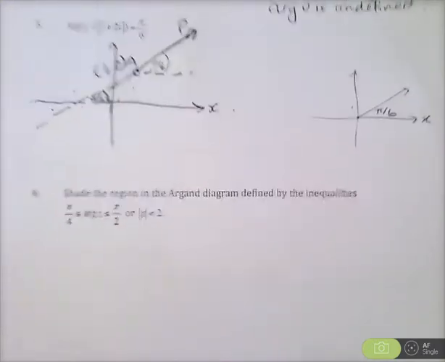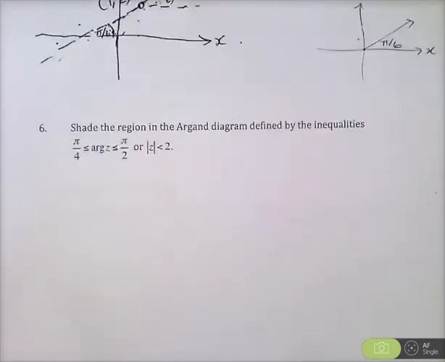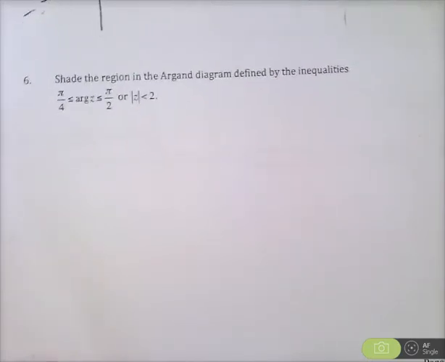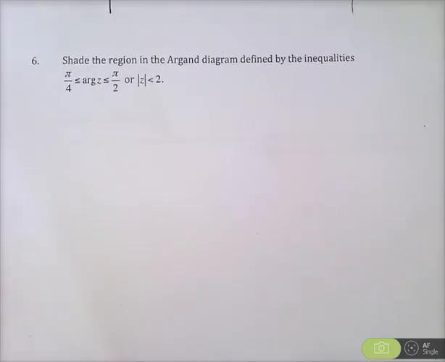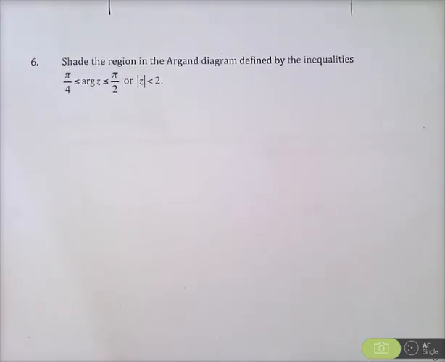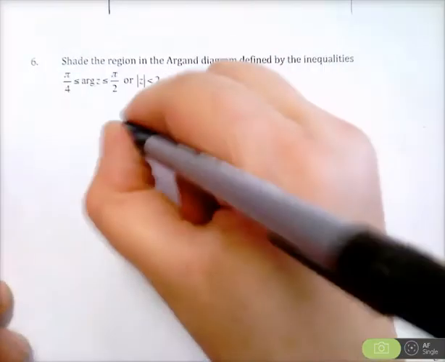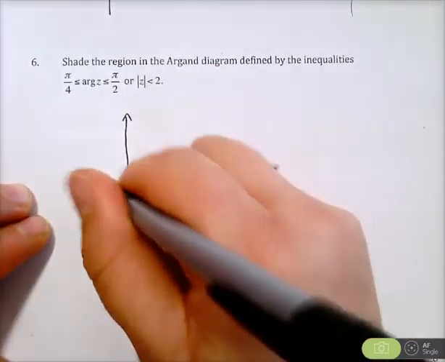The next one is a combination of what was in the video from last week and what we've been doing today. We've got two arguments and we've got modulus of z less than 2, which means a circle with centre 0, 0 and radius 2.